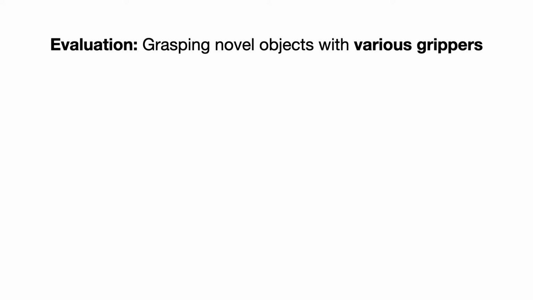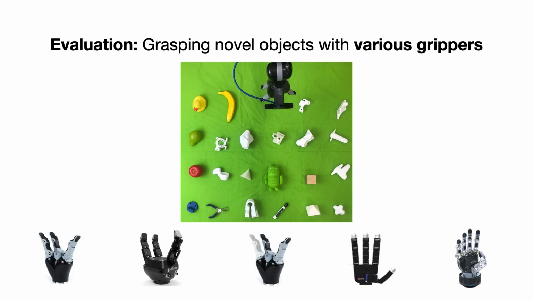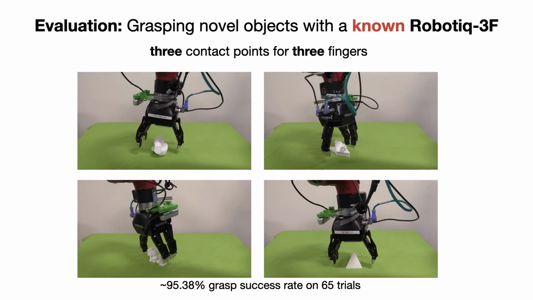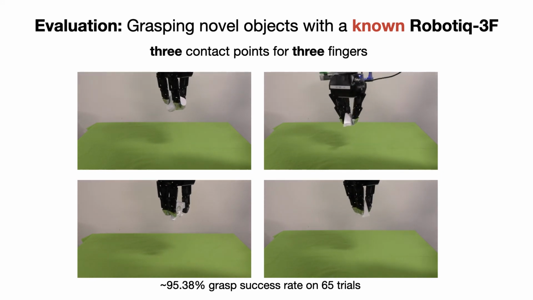We use the UniGrasp method to grasp objects shown in the middle with 5 different grippers. We test our model by grasping novel objects with known grippers. Here, known grippers means we have trained our model with that gripper.